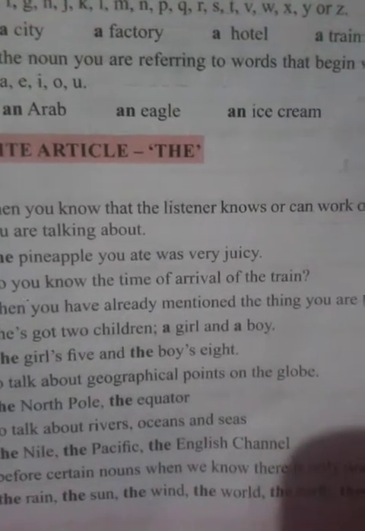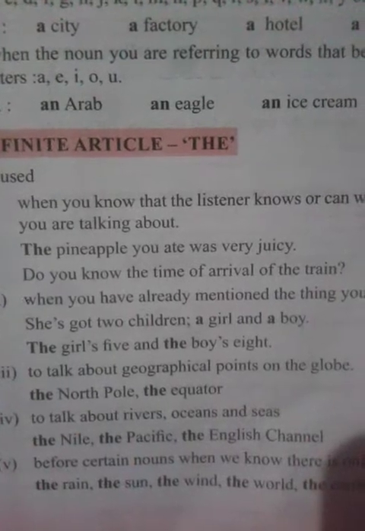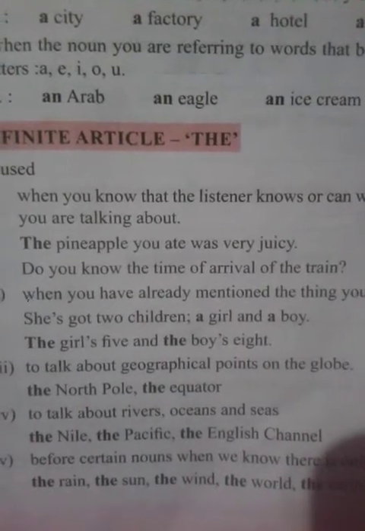To talk about geographical points on the globe: the North Pole, the equator. To talk about rivers, oceans and seas: the Nile, the Pacific, the English Channel. Okay, they have told when to put a, an and the.